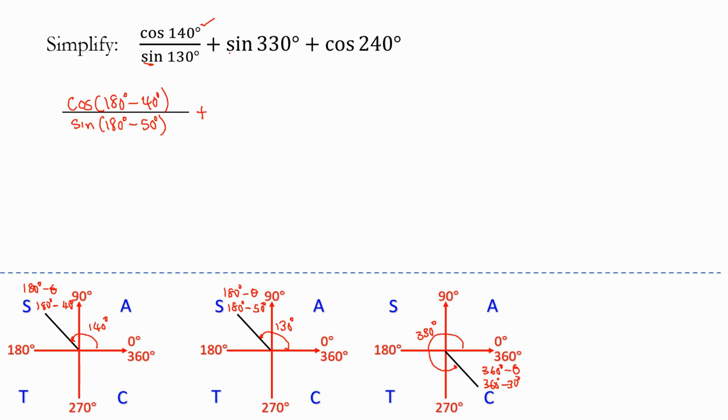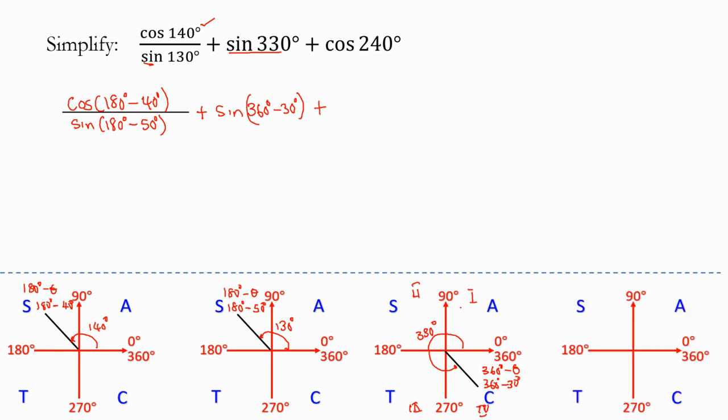So we're going to write this as sine of 360 degrees minus 30 degrees. And then the last component is plus cos 240 degrees. Which quadrant is 240 in? It's going to be in quadrant 3, isn't it? 240 is between 180 and 270.